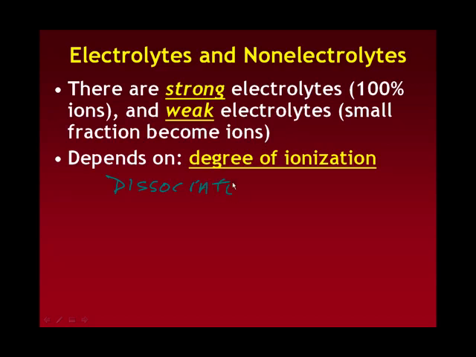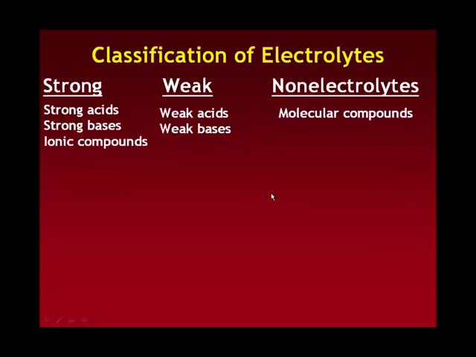To dissociate is to split apart from something else, and then to ionize is to split into ions. For us, they mean pretty much the same thing. It's just two different ways of saying the same thing. To dissociate is to split apart, and to ionize is to split specifically into ions.